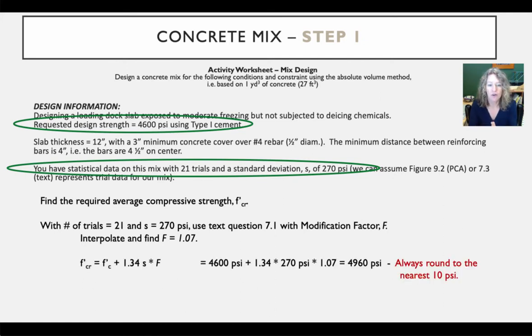So we take our 1.34 times our standard deviation, increased by 1.07, and add that to our 4,600. Now we end up with a number around 4,962. You would never use something to that specificity. We always round to the nearest 10 PSI, so you're going to report 4,960.